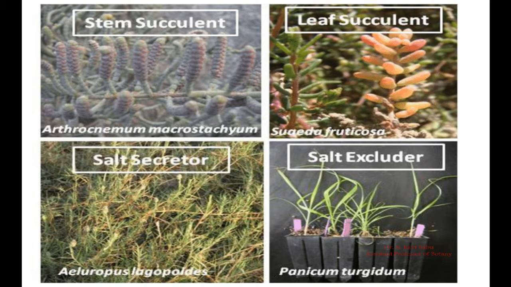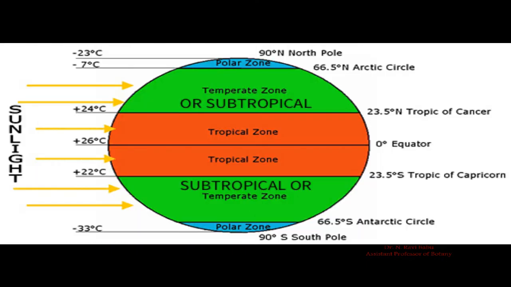Friends, repeatedly we are coming across words like temperate and tropical, so don't get confused. Just imagine temperate regions are nothing but the cold regions, the countries or areas located around 35 to 40 degrees latitudes, either in the northern or southern hemisphere.